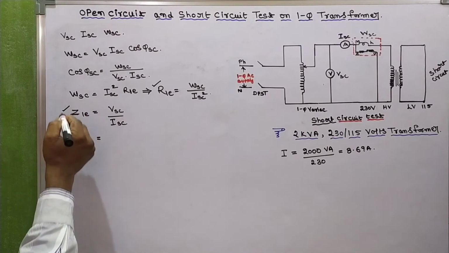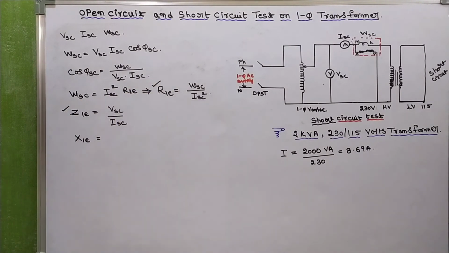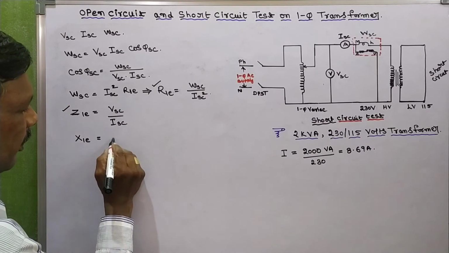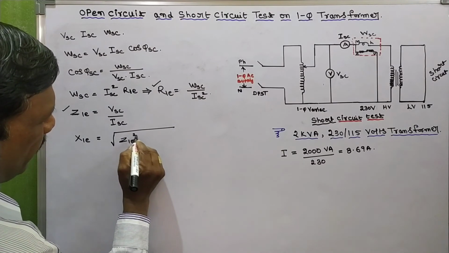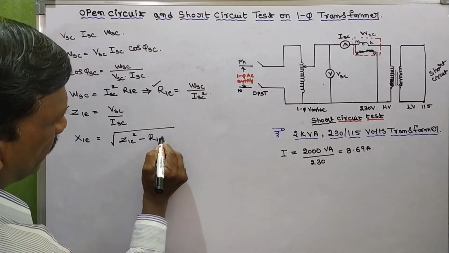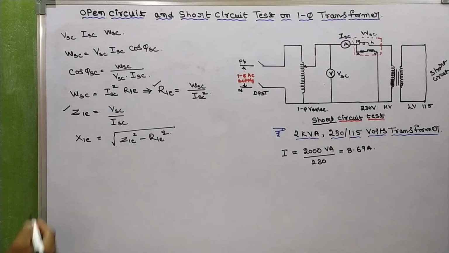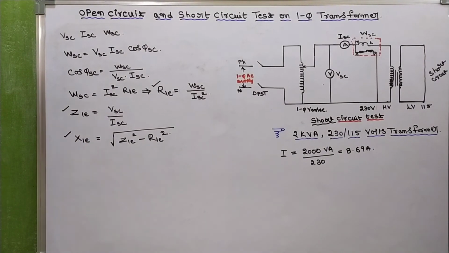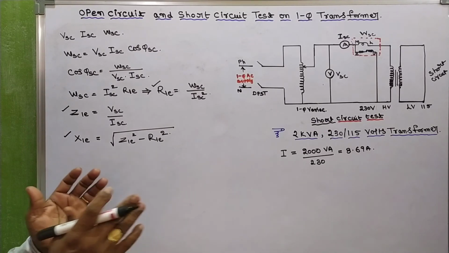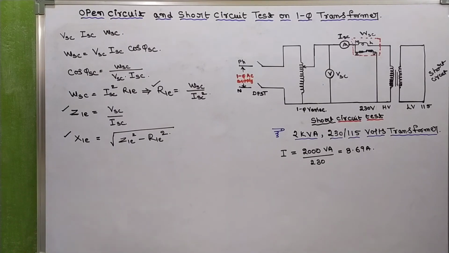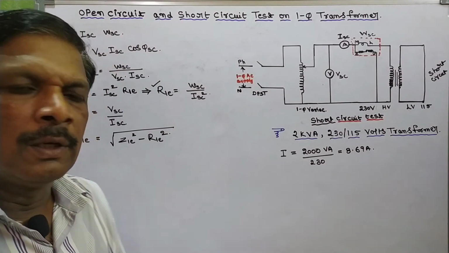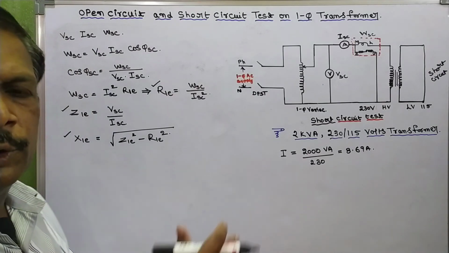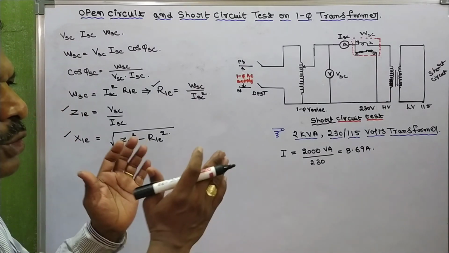If you know Z1E and R1E, you already know the formula: X1E is equal to the square root of Z1E square minus R1E square. So finally we get X1E. In this way we are going to calculate the exciting parameters R0 and X0 from the OC test, and the circuit parameters, equivalent circuit parameters, from the short circuit test.